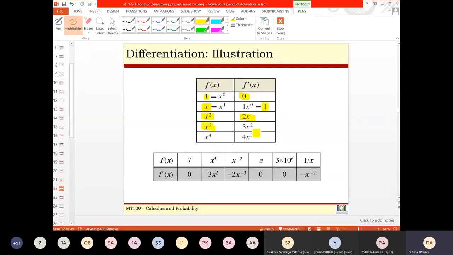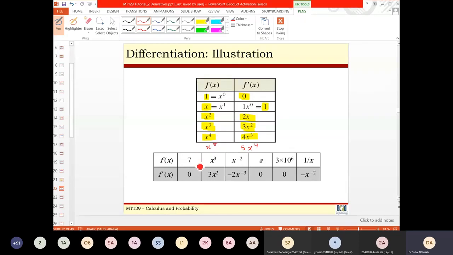Derivative of x cubed. 3 down, x to the power 3 minus 1, which is 2. x to the power 4, 4x cubed. طيب, if I say what's the derivative of x to the power 5? It is 5x to the power 4. Yeah?